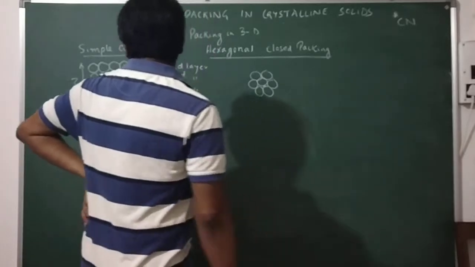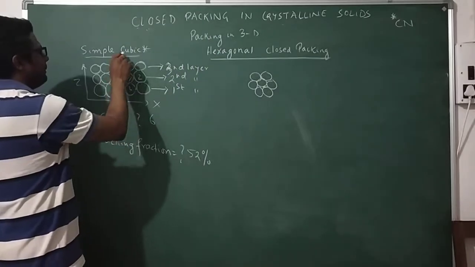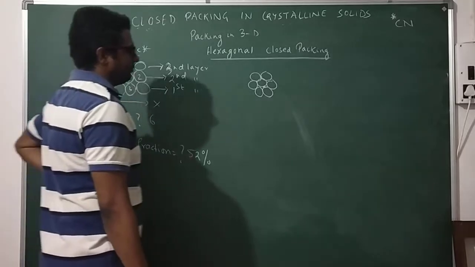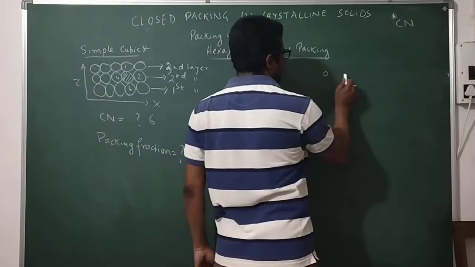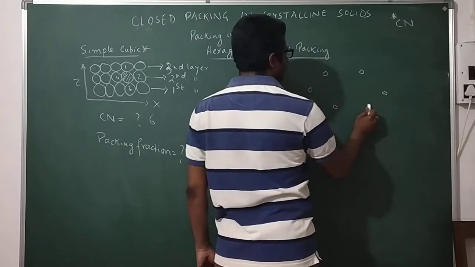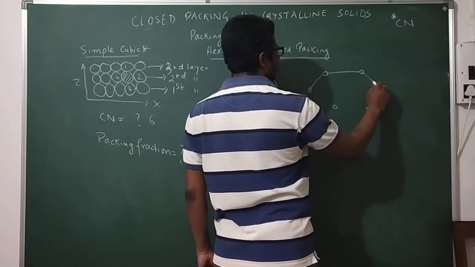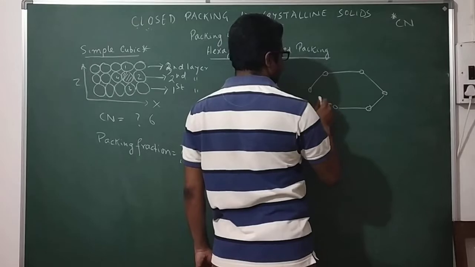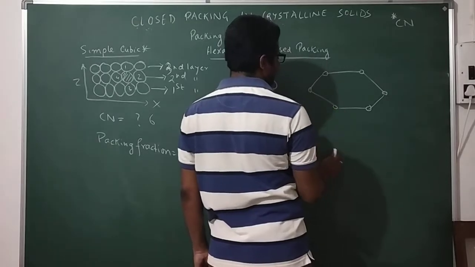Now, how do we compare this with the simple cubic type of packing? So first of all, let us draw the extended structure of hexagonal closed packing, so things are much more clear to us.